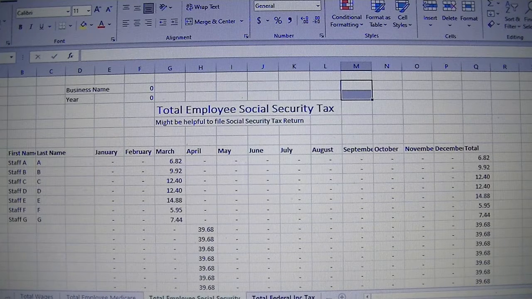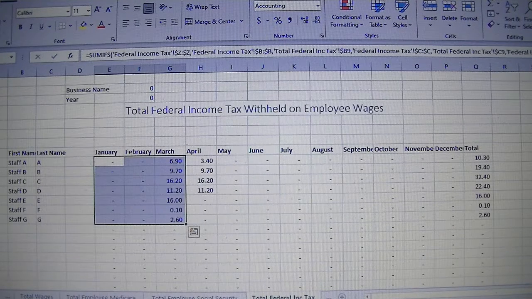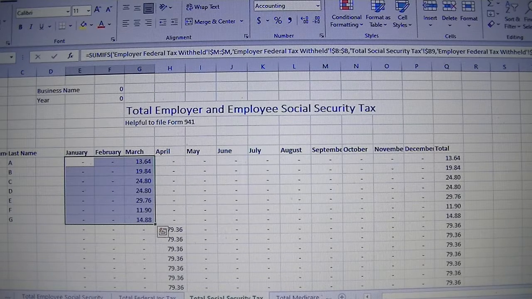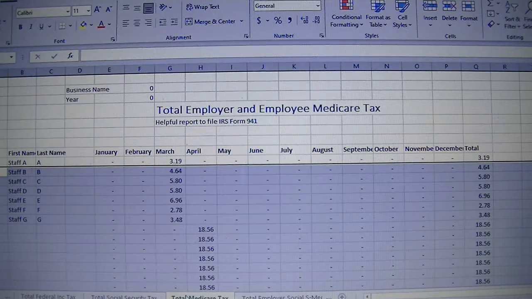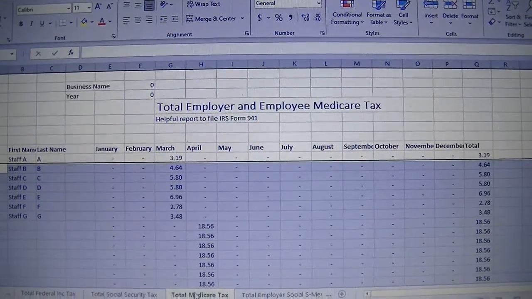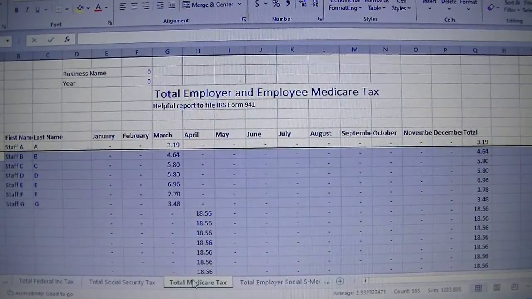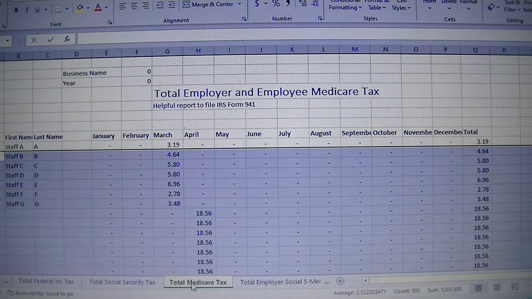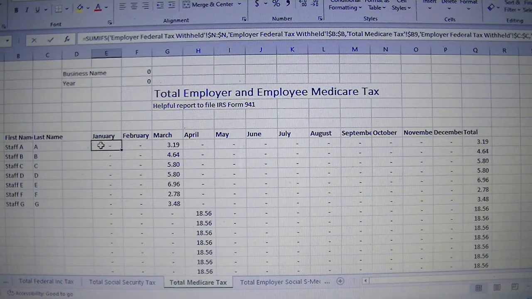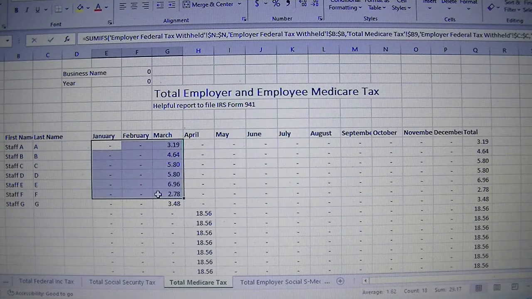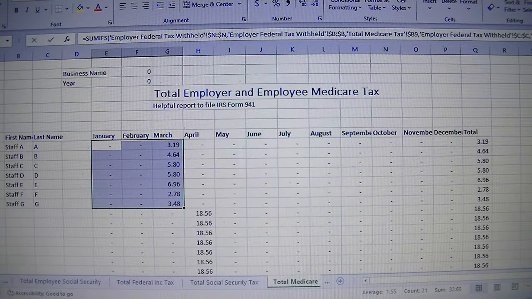So we can continue to see if we have a section for it. Total employer and employee Medicare tax is $32.65. We can double check it.